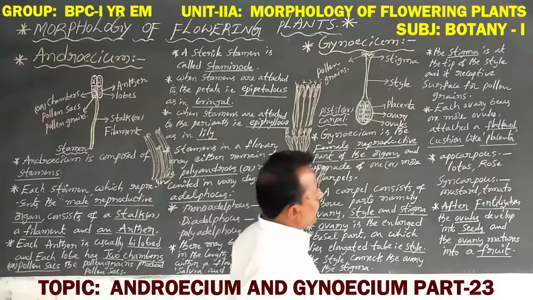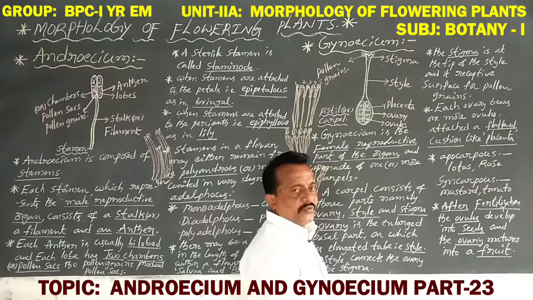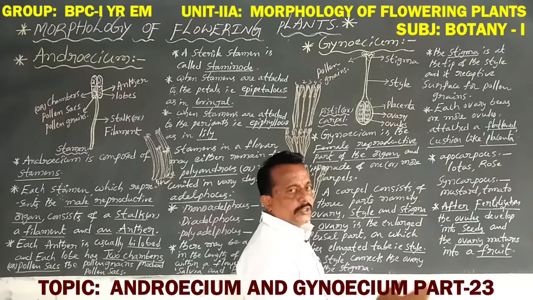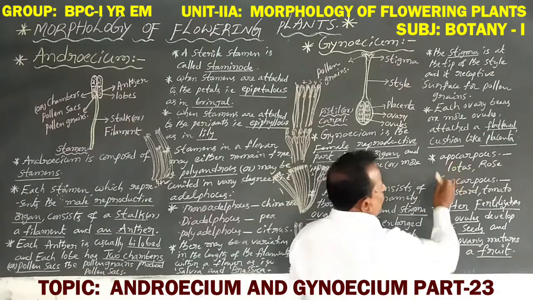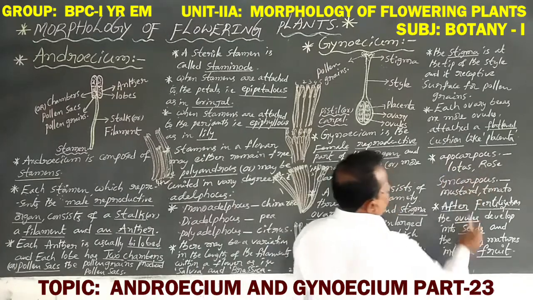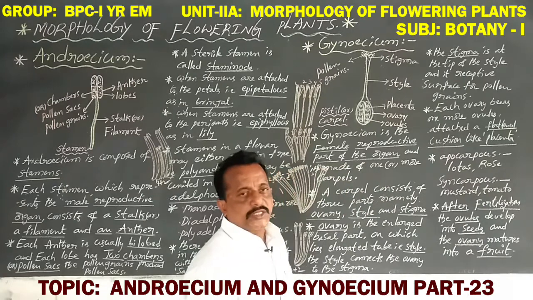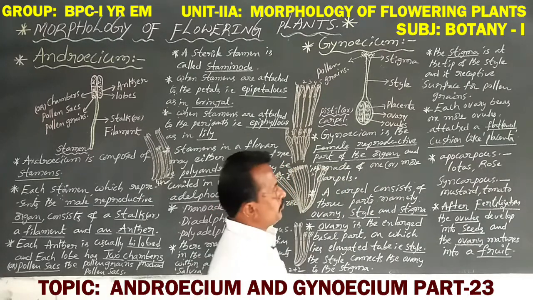And the same here: more than one carpel, and these carpels are free, that is called apocarpous, as seen in lotus and rose. Lotus, Telugu name Tamara; rose, Telugu name Gulabi Poo.